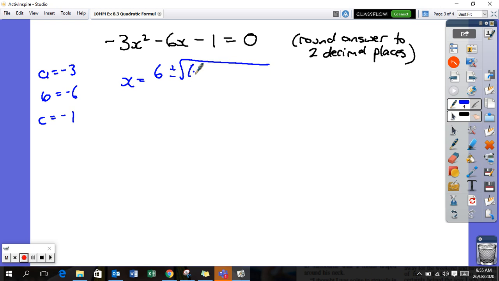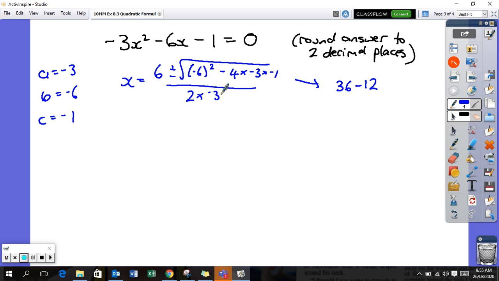Minus 6 squared minus 4 times negative 3 for a times negative 1, over 2 times negative 3. Let's be careful with our negatives. Negative 6 squared is 36, the negative disappears. Negative 4 times negative 3 is 12, times negative 1 is minus 12.